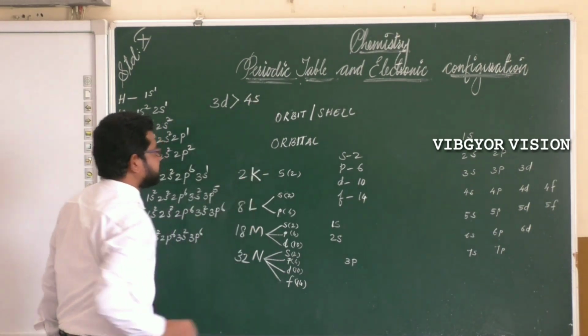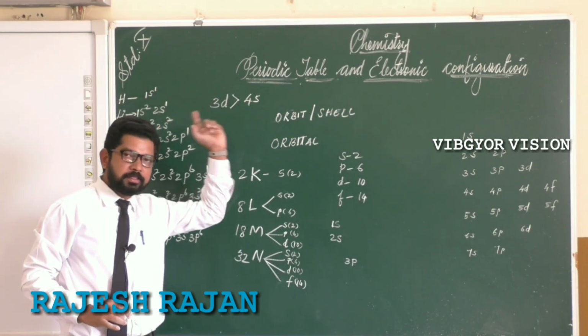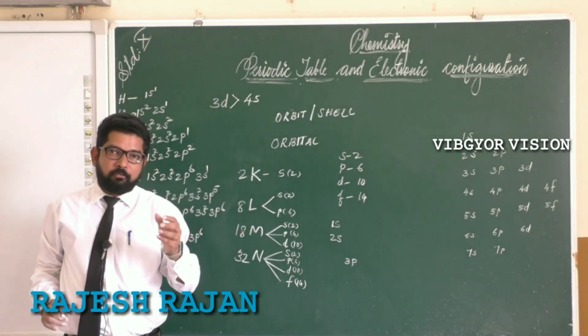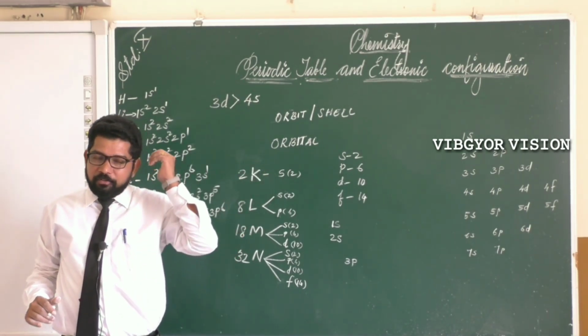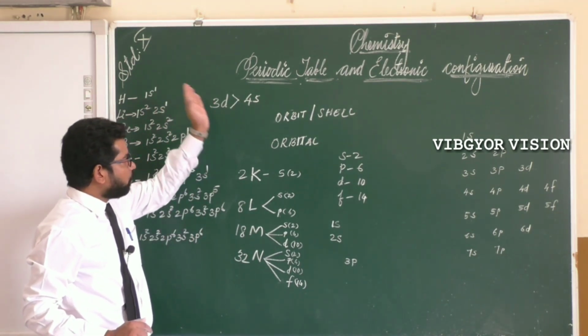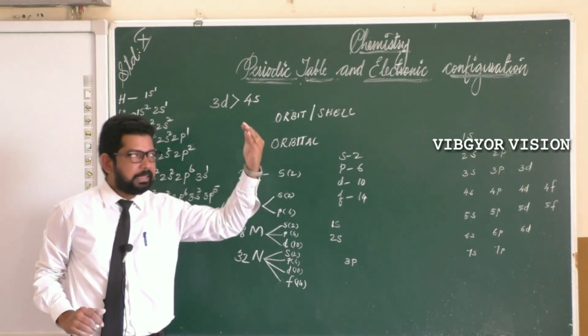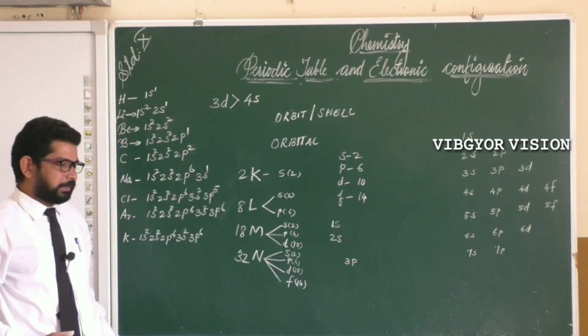Which is having the least energy? 4s has the least energy and 3d has more. So the first electron will fill the least energy level. That means the electron goes to 4s. Once the 4s is filled, then electrons will go to 3d.